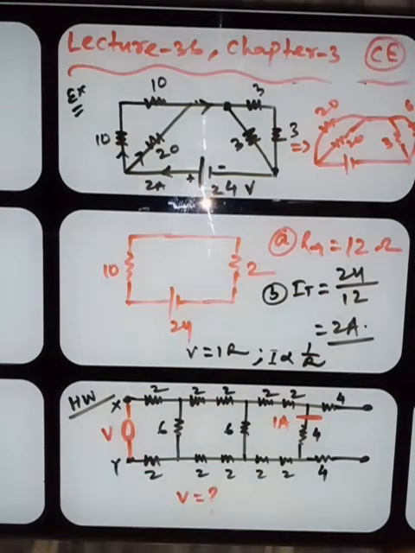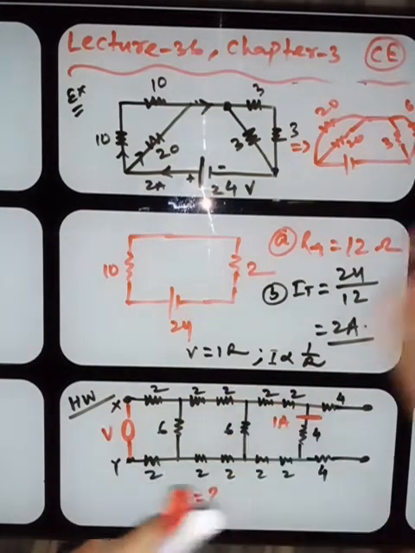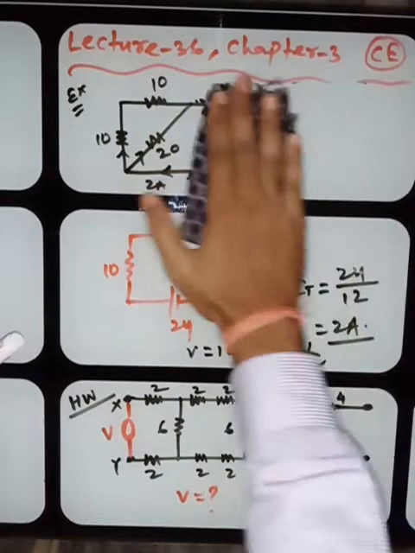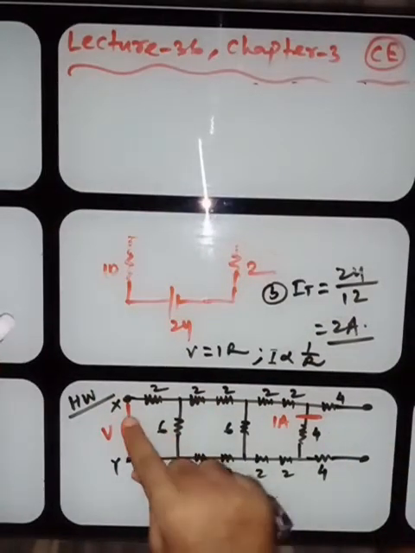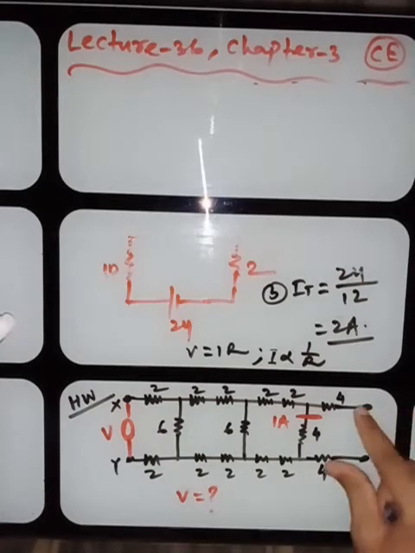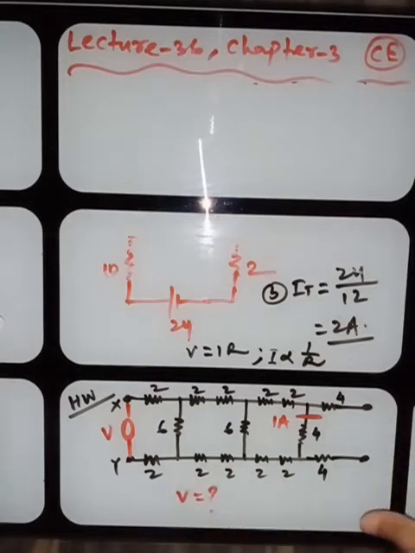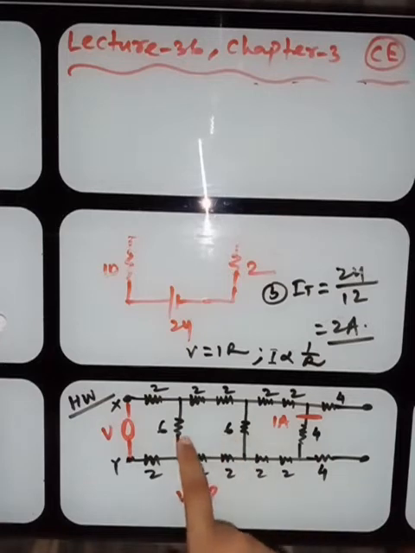Okay, now next we'll move to another question. I hope this question is very clear. This is not the infinite ladder. Here limited resistors are connected. These two are free points. It is not connected anywhere in the circuit, but the 4 ohm and the 6 ohm, 2 are there, 2 are there.